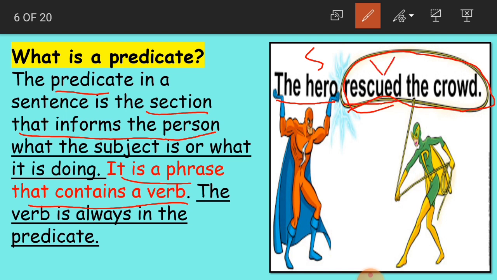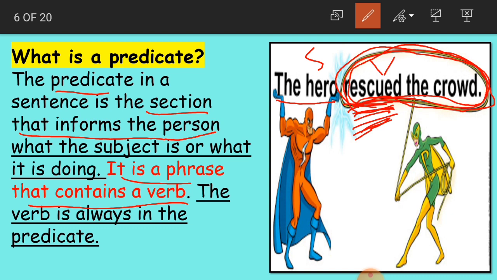And this, rescued the crowd, completely this becomes a phrase which again has an incomplete meaning. That complete phrase is going to be called a predicate. Okay, so the verb is always in the predicate.